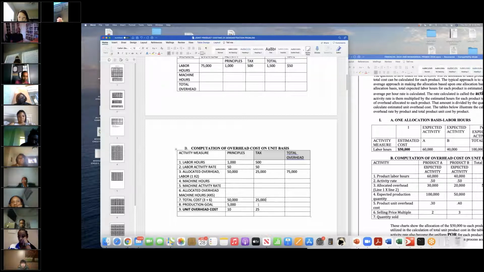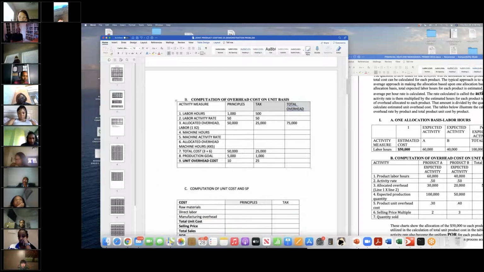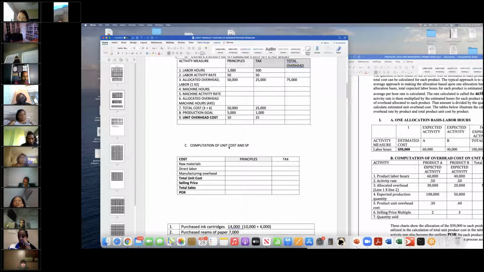Our production goal was what? 1,000. And so 25 is unit overhead cost. Now, how hard is that to do? Not hard. Good, very self-explanatory, pretty much. Because I've got a table out for you. All right, so y'all can now compute the unit cost, selling price, and the POR.